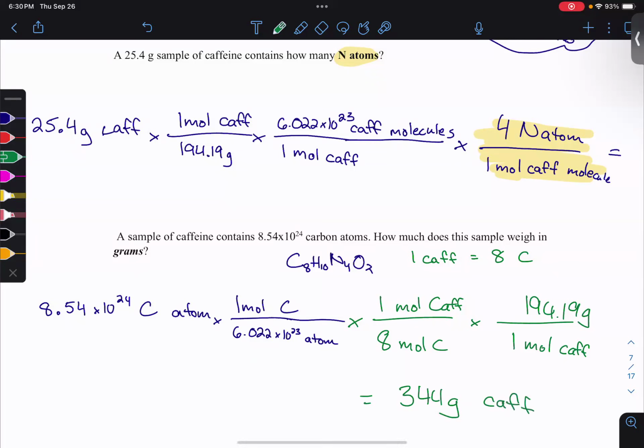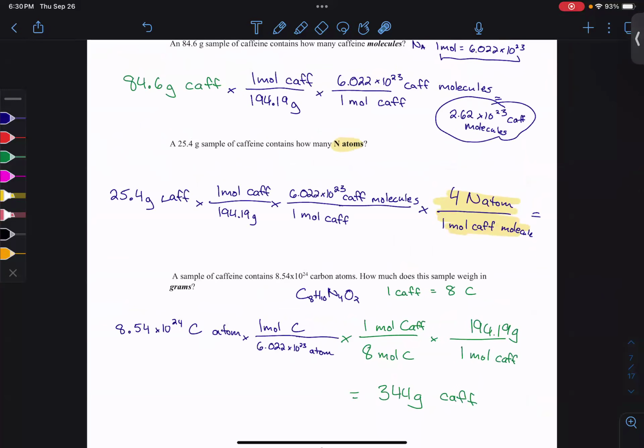Another common mistake students make is forgetting this 1:8 ratio, and they'll just do Avogadro's number then molar mass. But remember that this molar mass converts moles of caffeine to grams of caffeine. If we just use Avogadro's number, we're at moles of carbon, not moles of caffeine, right? So that's using molar masses and Avogadro's number.